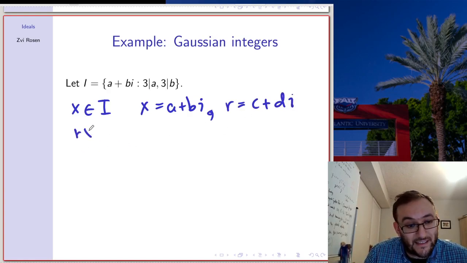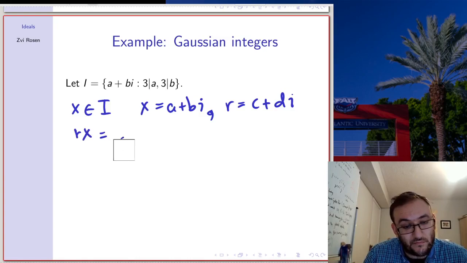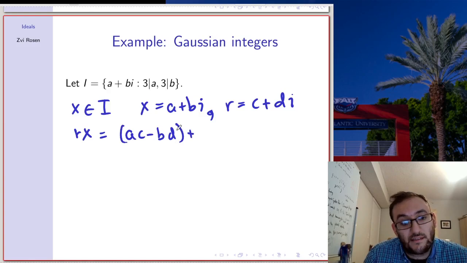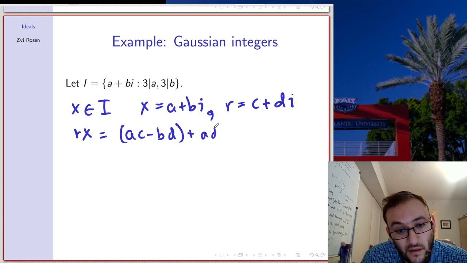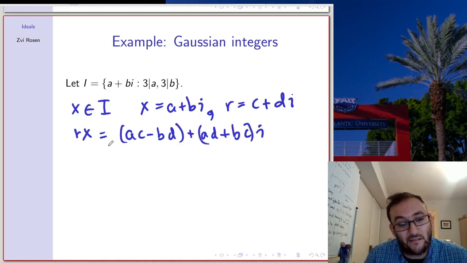So rx is equal to (ac minus bd) plus (ad plus bc) times i.